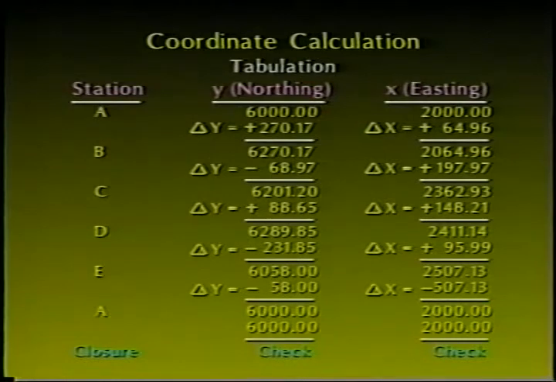The X coordinate for station C is found by adding delta X BC, 197.97 feet, to the X coordinate for station B. The X coordinate for C is calculated at 2,362.93 feet. Repeating this operation the remaining way around the traverse, we close back into A, the starting point, with a perfect closure.